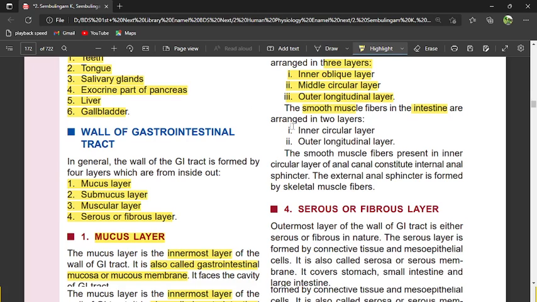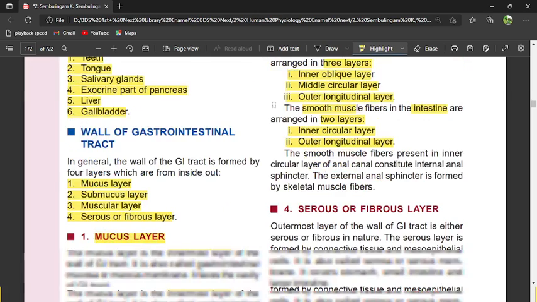Inner circular layer is present. So which layer is absent? Oblique layer is absent here. In the smooth muscles of the intestine, they have two layers. Here we are saying intestine; we are not saying small intestine or large intestine, so both intestines may have this.